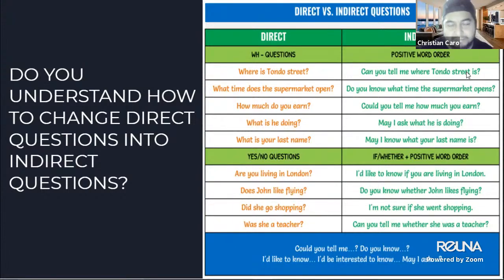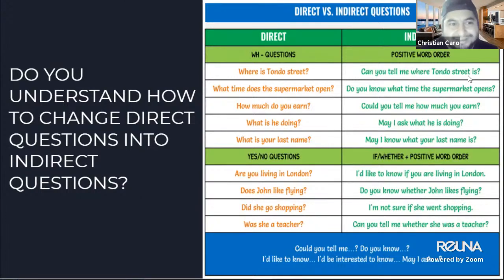So remember that thing, because I've seen a lot of times English learners in general using the same word order here as a direct question, because they say, can you tell me where is Tondo Street? And in the real world, when you ask that question, nobody cares. It's like, yeah, okay, it's that way, no problem.